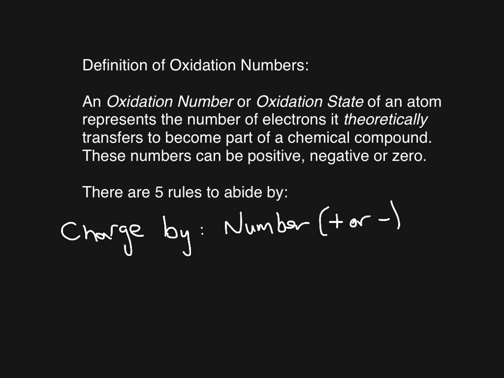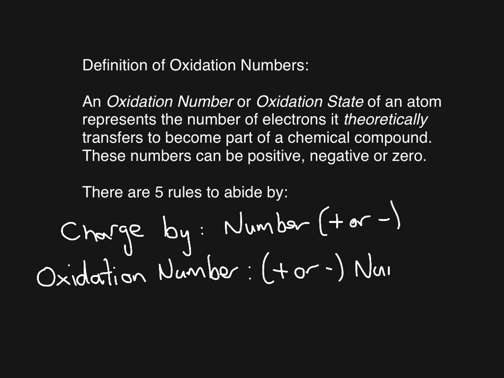But in oxidation numbers or oxidation states, we denote the oxidation number by plus or minus and then the number. Now this is just convention, but when we get to rule 5, then you can finally get a grasp of why they're important. Okay?